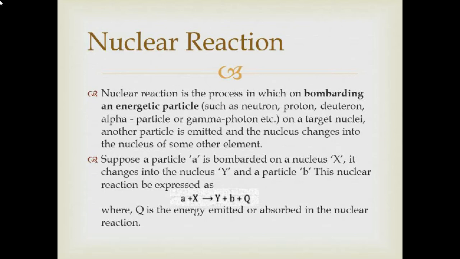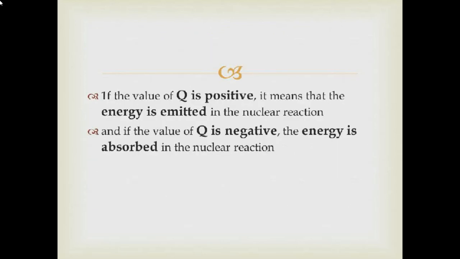This nuclear reaction is expressed as follows: A plus X gives Y plus B plus Q, where Q is the energy emitted or absorbed in the nuclear reaction. In a nuclear reaction, either energy will be emitted or it will be absorbed, and this is indicated by the letter Q. Again, this slide is very important.